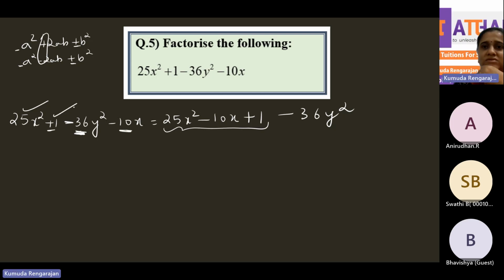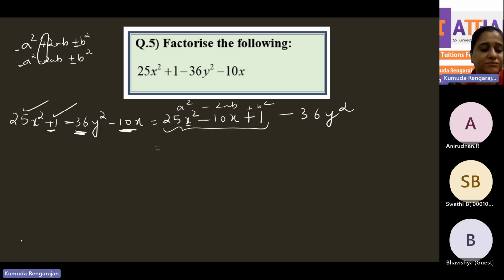Even if this was positive, it's not a perfect square. So the b square term is plus 1. And the middle term, the 2ab term, can be minus 10x only, because the a square term has x in it. So the middle term should have x.